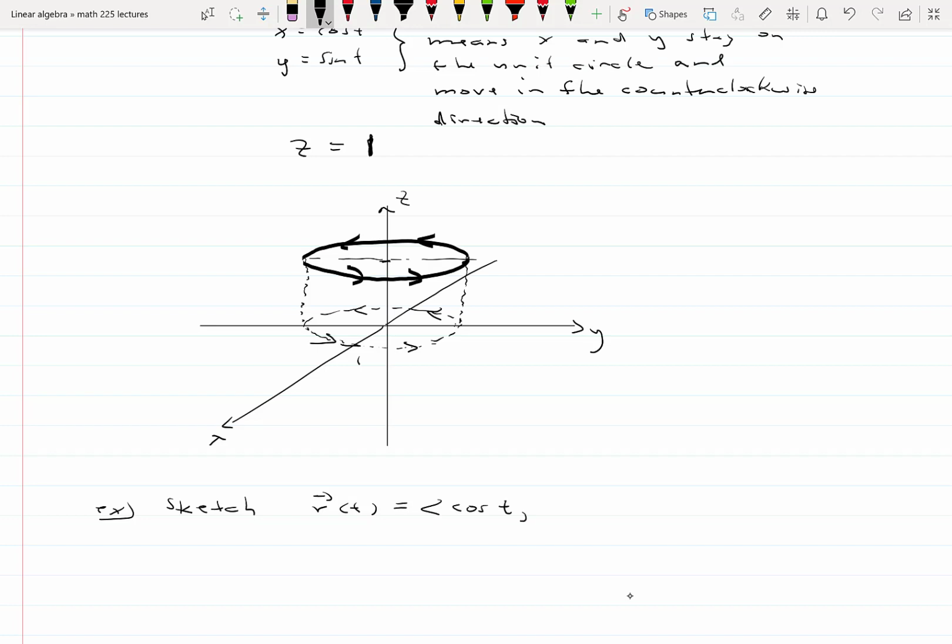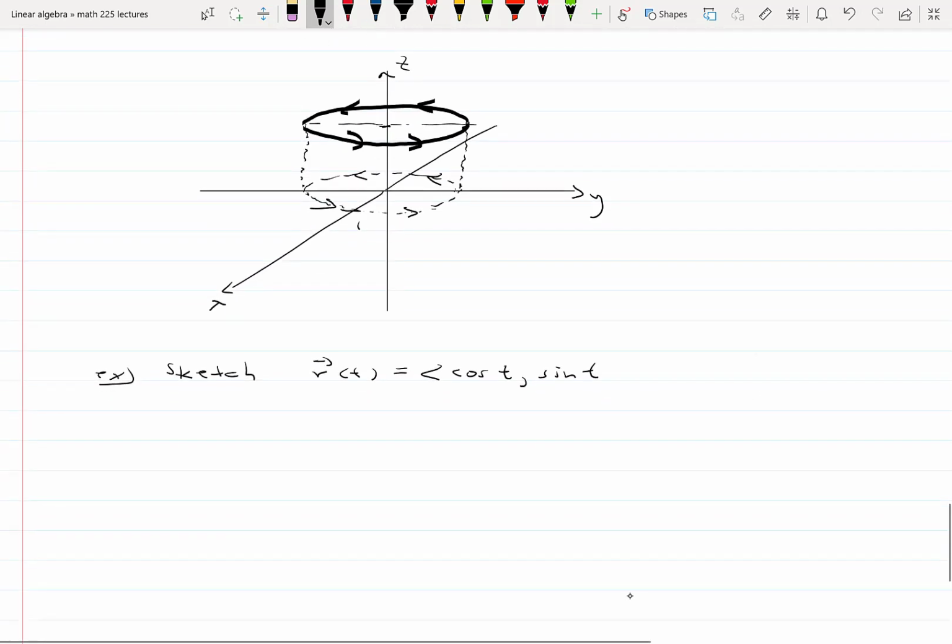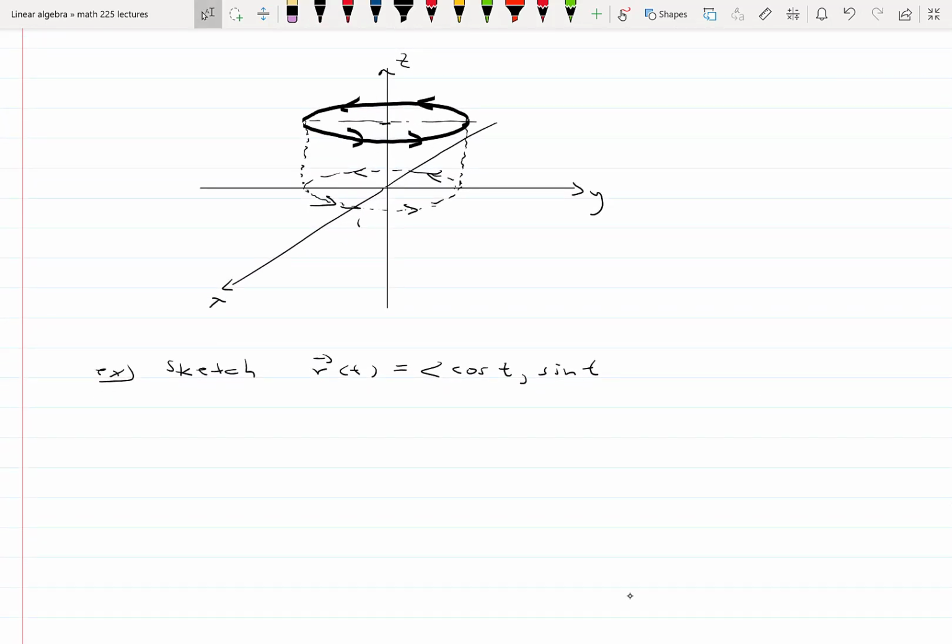That means x equals cosine t, y equals sine of t, still traversed in the counterclockwise direction, still starting at the point 1, 0 in the xy plane. But I don't want the z value to be 1, or 2, or 0. I want the z-value to also change.